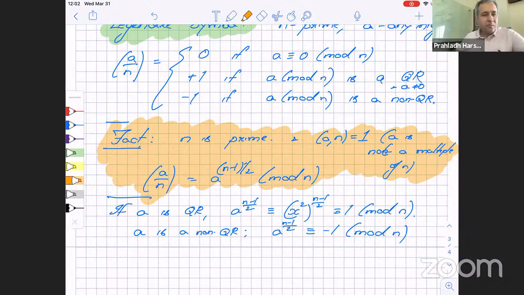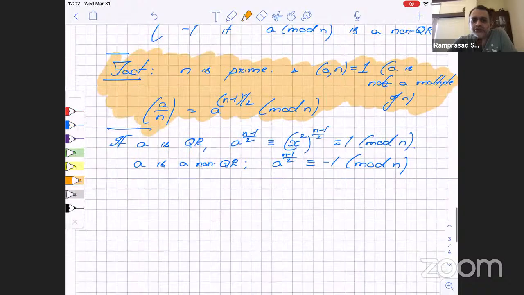Firstly, a power n minus 1 by 2, when you square it, you get 1. So it can either be 1 or minus 1. But now look at the equation x power n minus 1 by 2 equals 1. You already know there are n minus 1 by 2 solutions, which means everything else must go to minus 1.